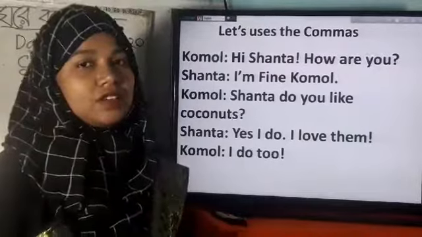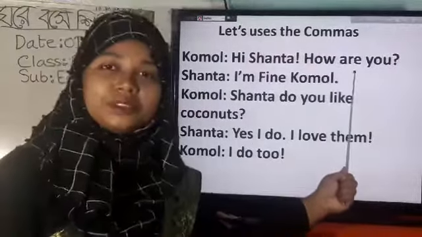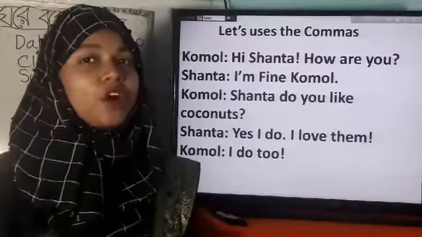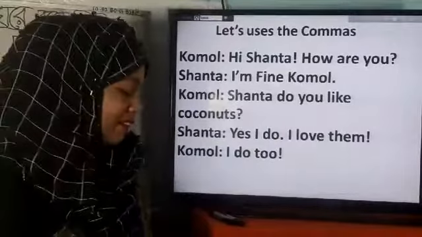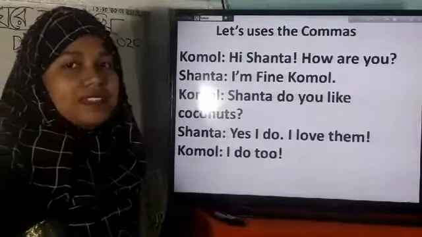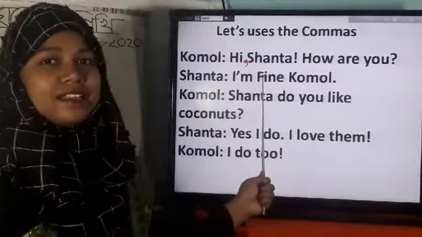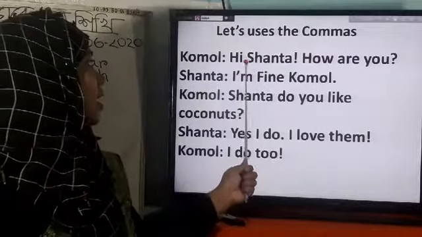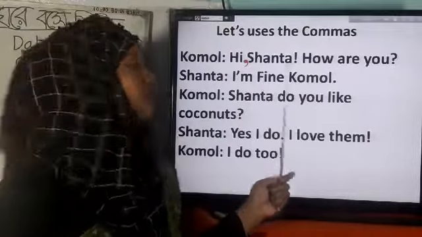Dear student, look at this sentence. Hi Shanta, how are you? Can we use a comma in this sentence? I think you can answer. Yes, we use a comma in this sentence and it's after hi. Dear student, after hi and before Shanta, here we can use a comma.